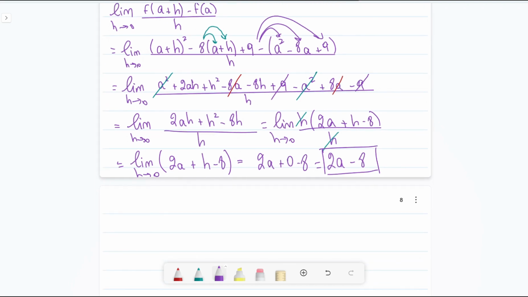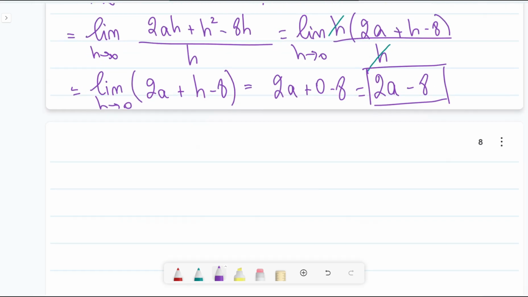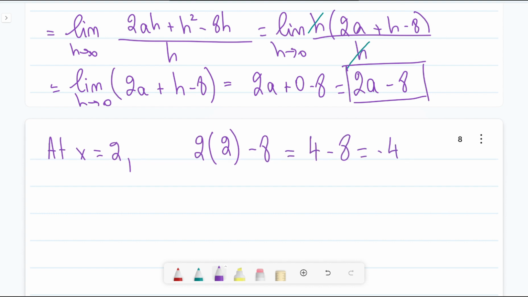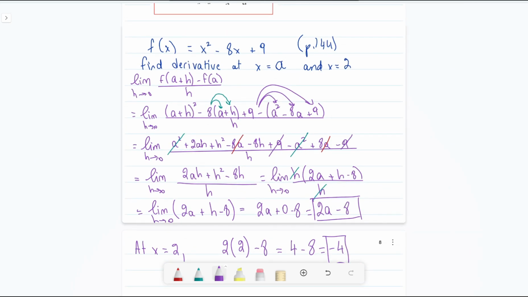Now let's find the derivative at the point x equals 2. Simply plug in 2 instead of a. So 2 times 2 minus 8 gives us 4 minus 8, which is negative 4. And this is the derivative at the point x equals 2.